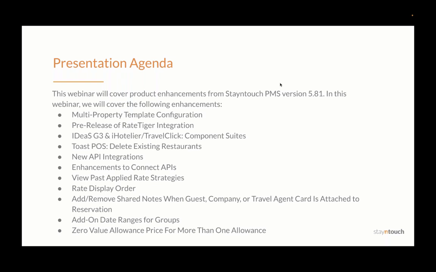In this webinar, we will cover the following enhancements: multi-property template configuration, pre-release of Rate Tiger integration, Ideas G3 and iHotelier/TravelClick component suites, Toast POS, the ability to delete existing restaurants, our new API integrations, enhancements to connect APIs, the ability to view past applied rate strategies, rate display order, add and remove shared notes when a guest, company, or travel agent card is attached to a reservation, add on date ranges for groups, and zero value allowance price for more than one allowance.